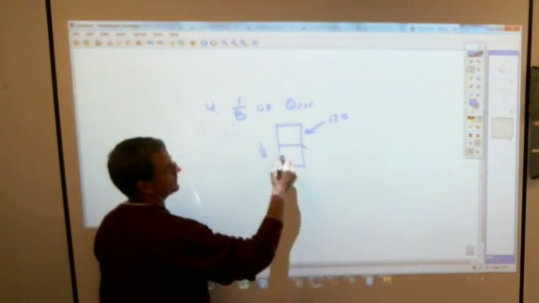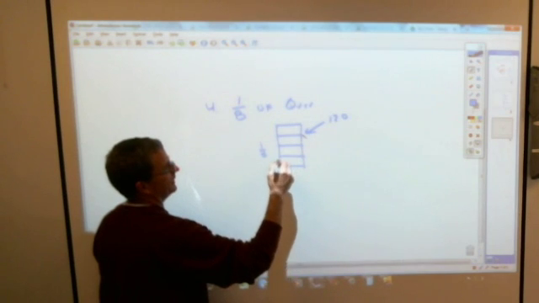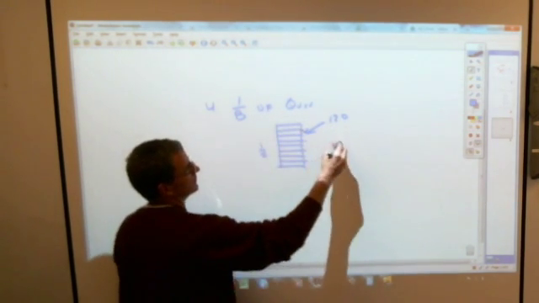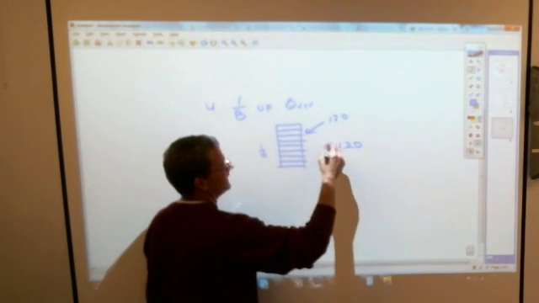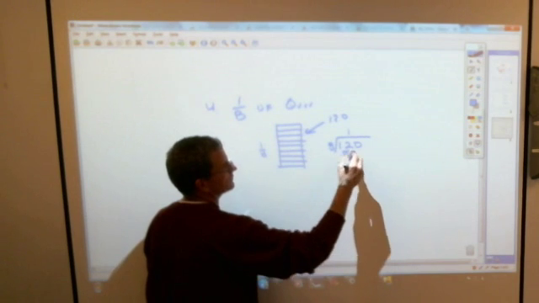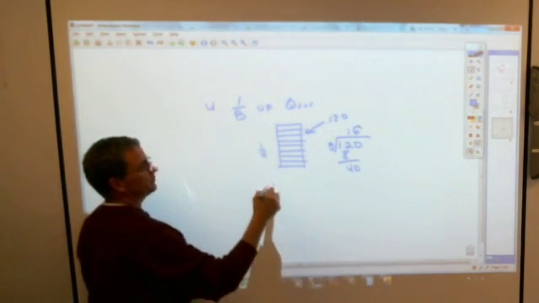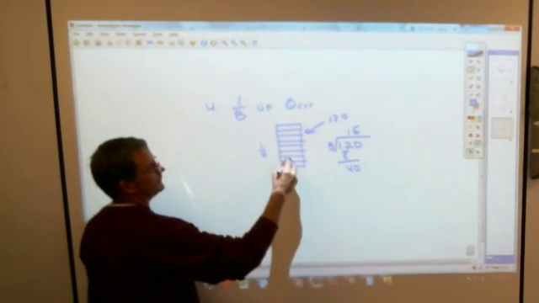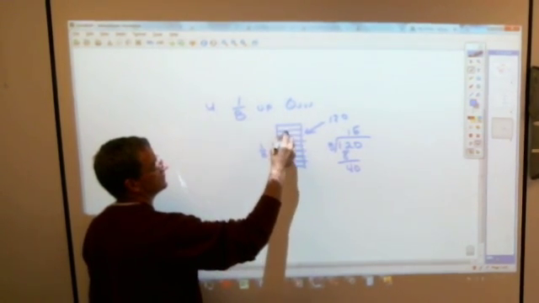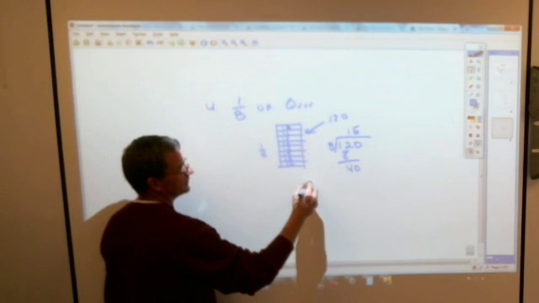The easiest way to cut something in 8ths is cut it in half, and then cut that half in half, and then cut that half in half. What is 120 divided by 8? Oh man, look at that. Works out nicely. Each box is then worth 15. And your answer, 1/8, is 15.